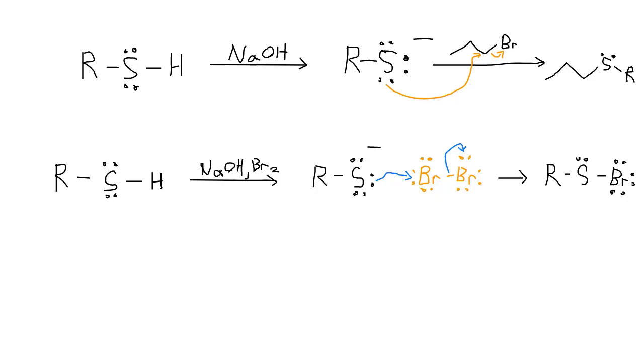So at this point, if I have another RS minus from when the NaOH ripped off the hydrogen on these RS guys, it acts as a nucleophile, attacking the sulfur and kicking out the bromine, and you end up getting this interesting disulfide product.